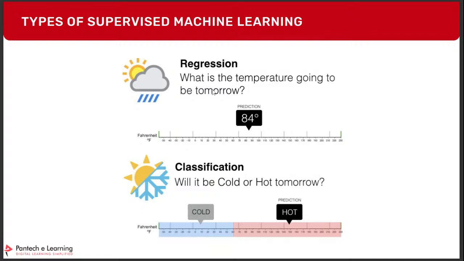If you are going to predict the target as either hot or cold, then it comes under classification problem. And if you are going to predict a continuous value which is not belonging to any of these classes, then it will be a regression problem, like what the temperature is going to be tomorrow, price prediction, or salary prediction. Those will come under regression problem.